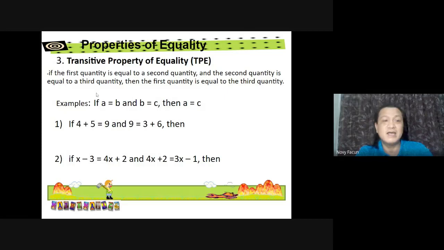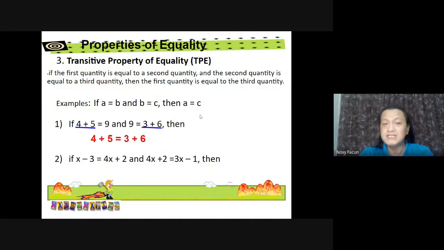So since equal naman yung A sa B, tapos si B sa C, therefore si A equals dun sa C natin. Okay, example natin, number 1, if 4 plus 5 equals 9, and 9 equals 3 plus 6, ito yung first natin, then second natin, and third, kukunin mo, which is 4 plus 5, kukunin mo yung dulo natin, yun yung C natin. That is 3 plus 6. We conclude that 4 plus 5 equals 3 plus 6.